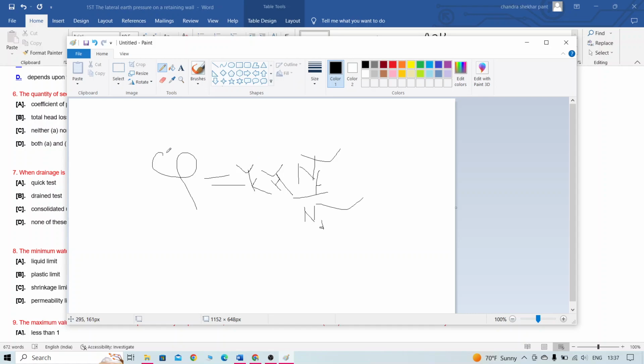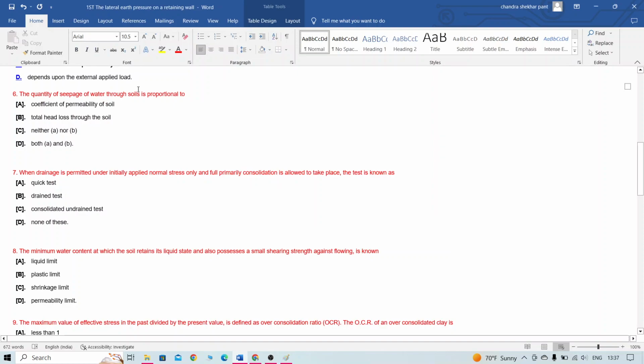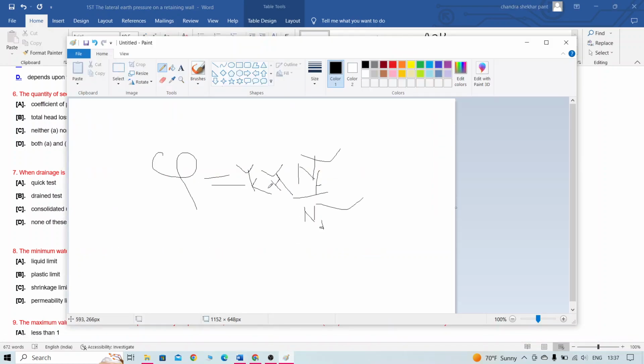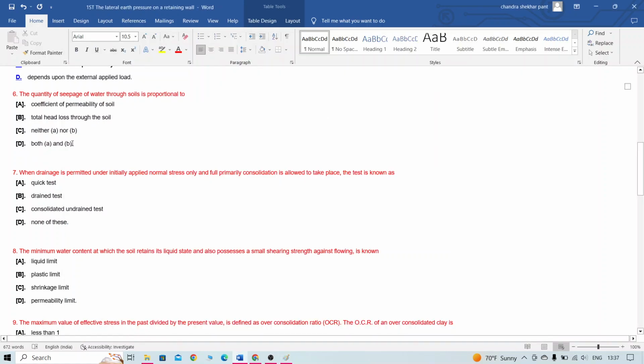From this relation, it is pretty clear that the quantity of seepage of water through the soil is proportional to k and h, the coefficient of permeability and the total head loss, as well as Nf, the number of flow channels. So the option will be both A and B.